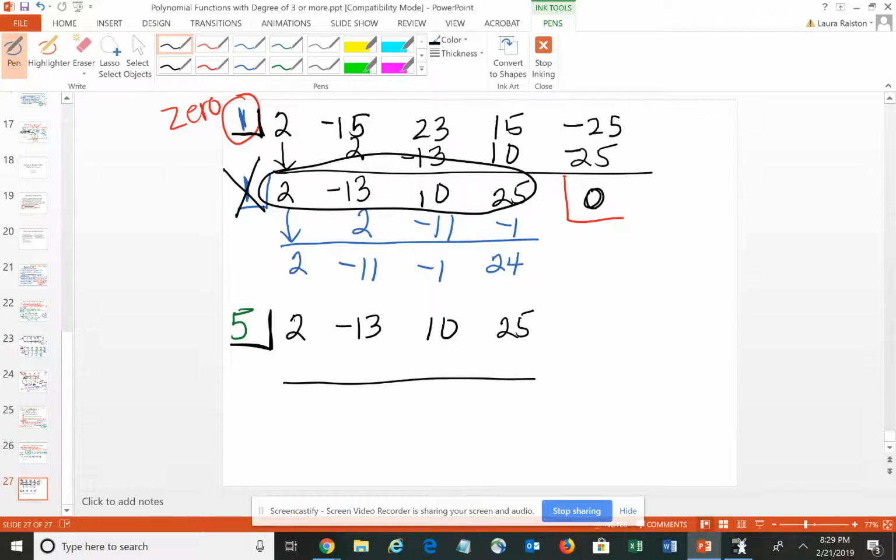Okay, so here we go. We're going to drop the 2. 2 times 5 is 10, plus negative 13 is negative 3, times 5 is negative 15, plus 10 is negative 5, times 5 is negative 25, which does give me that remainder of 0 that I'm looking for.